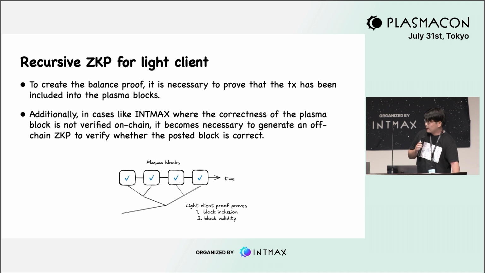Also, in cases like INTMAX, where plasma block verification isn't done on chain, we need to determine whether each block is correct or incorrect inside a ZKP. So let's call this ZKP related to plasma blocks a validity ZKP. This is a recursive proof because it needs to be updated every time a new plasma block is posted.